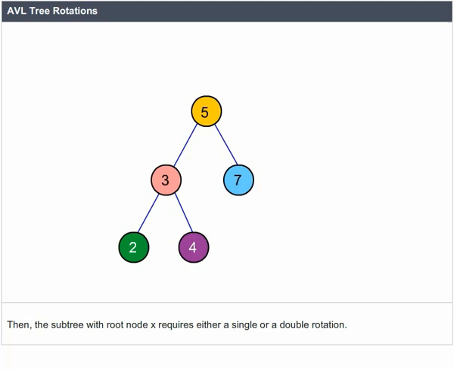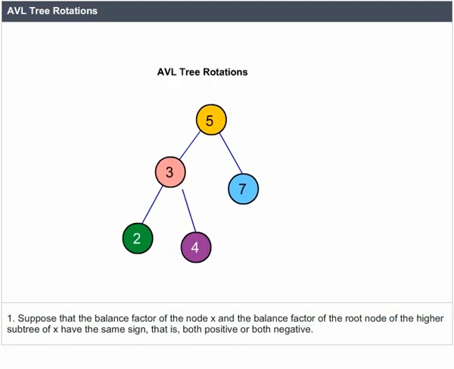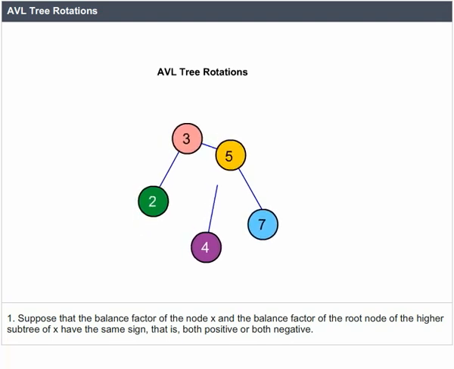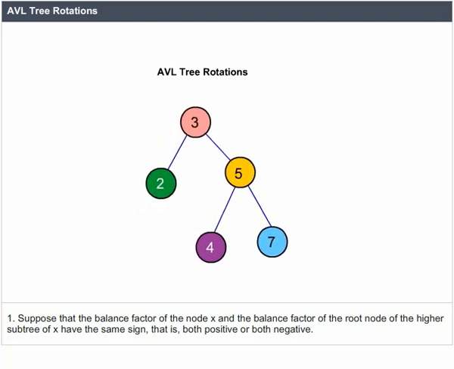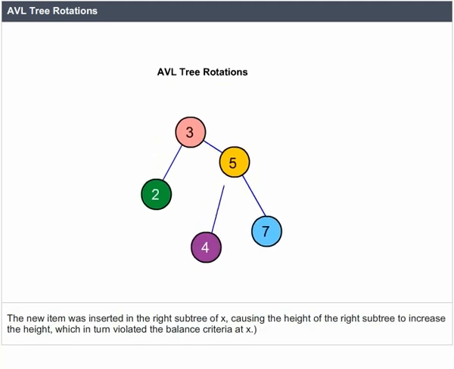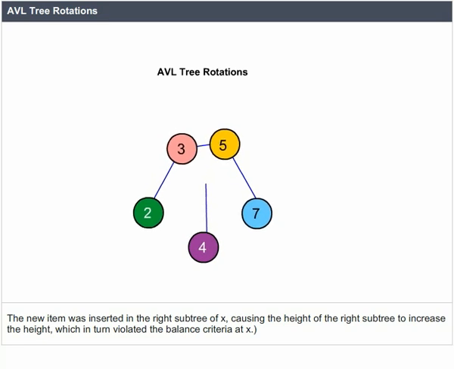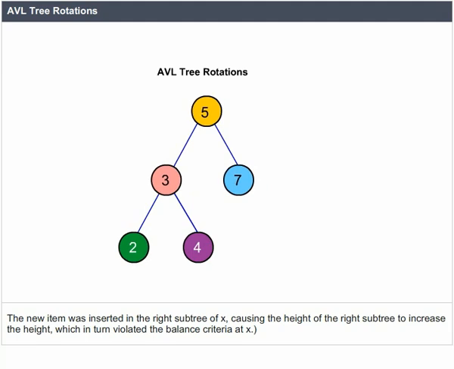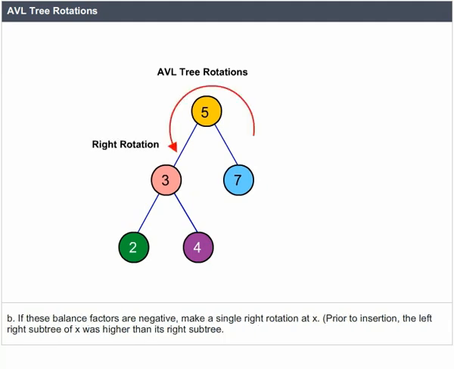Suppose that the balance factor of the node X and the balance factor of the root node of the higher subtree of X have the same sign, that is, both positive or both negative. If these balance factors are positive, make a single left rotation at X. The new item was inserted in the right subtree of X, causing the height of the right subtree to increase, which in turn violates the balance criteria at X. If these balance factors are negative, make a single right rotation at X. Prior to insertion, the left subtree of X was higher than its right subtree.